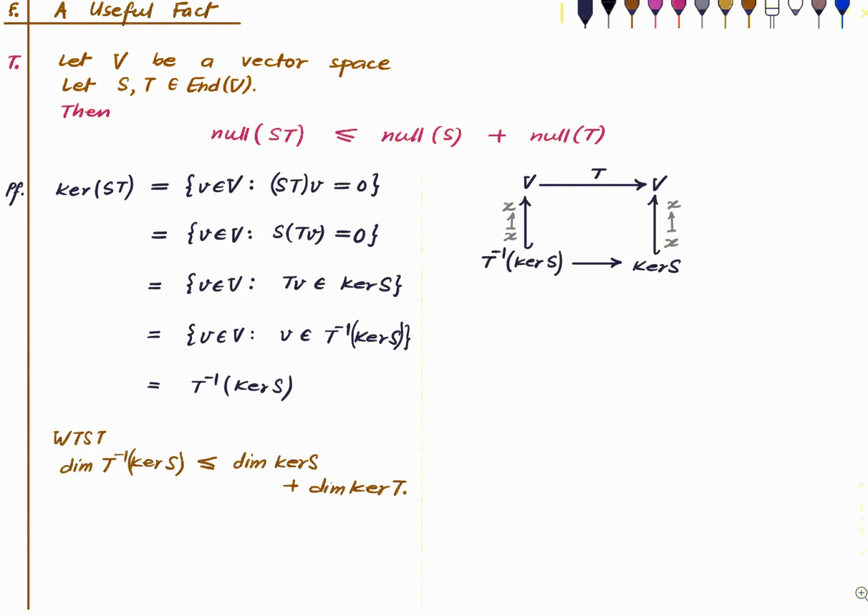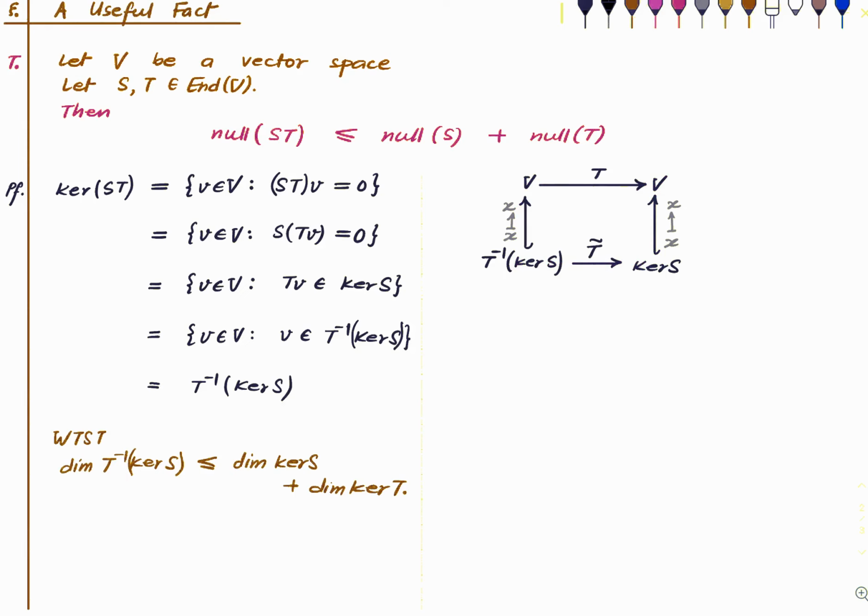Just so that there is no confusion, I'll write it as T tilde. T tilde takes V to T of V. And it is clear that this diagram commutes. No matter what route you take, you will always land in the same thing. There is no conflict.